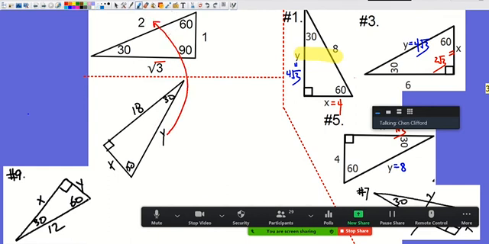Again, the y is across from the 90 degrees. I'm going to keep it just as 90 degrees, because you should know that the box and 90 degrees mean exactly the same thing. The y is across from the 90, just like the 2 is across from the 90. So that's why the y relates to the 2.